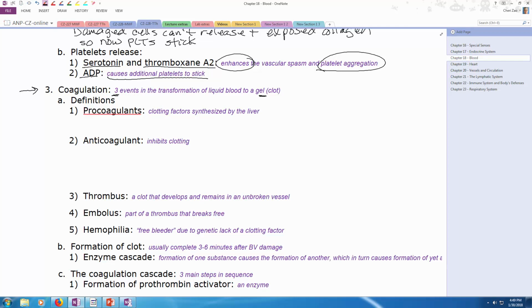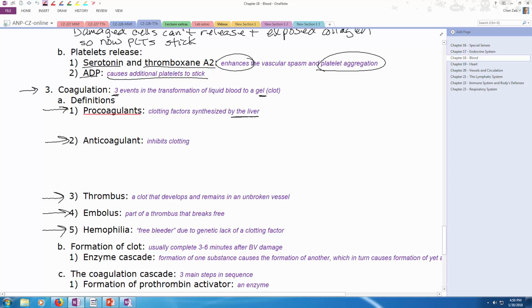So before we get into the three events for a blood clot, let's talk about some terms here. Procoagulants, anticoagulants, thrombus, embolus, and hemophilia. Pro means for coagulation. And our clotting factors are synthesized by the liver. So clotting factors are in your plasma. Clotting factors are proteins in your plasma.